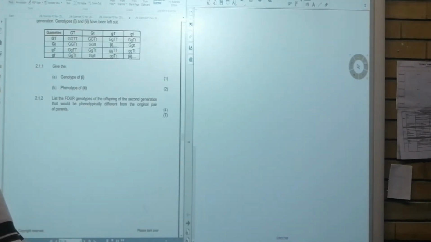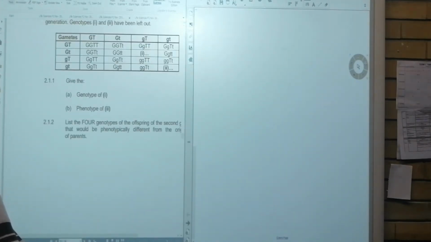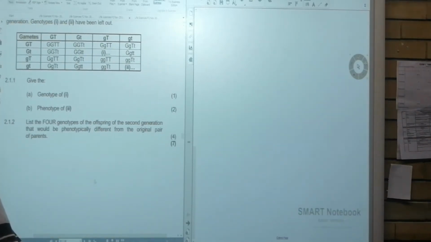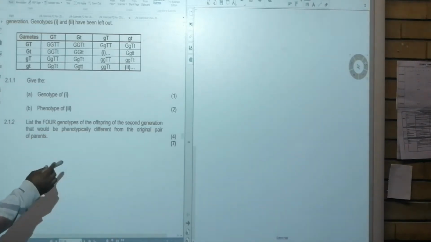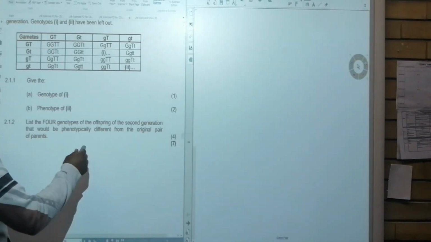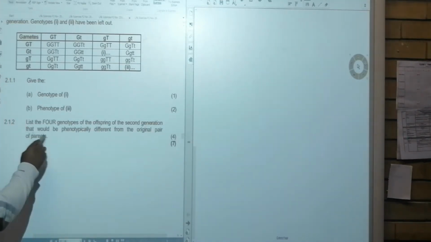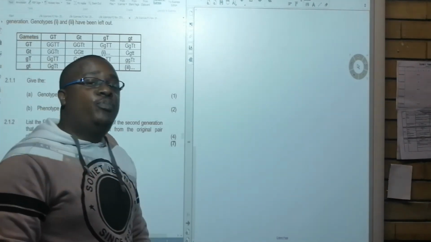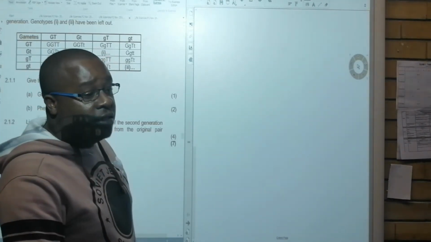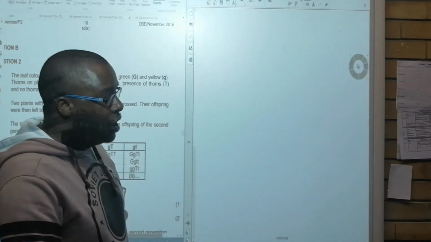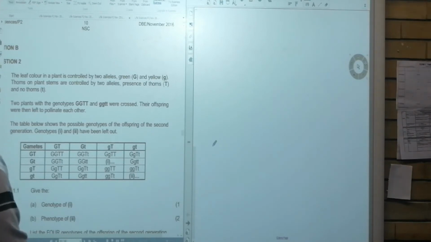List the four genotypes of the offspring of the second generation that will be phenotypically different from the original parents. Again, I hope you have your questions next to you. The original parents are the grandparents. Remember something. What did you start with?